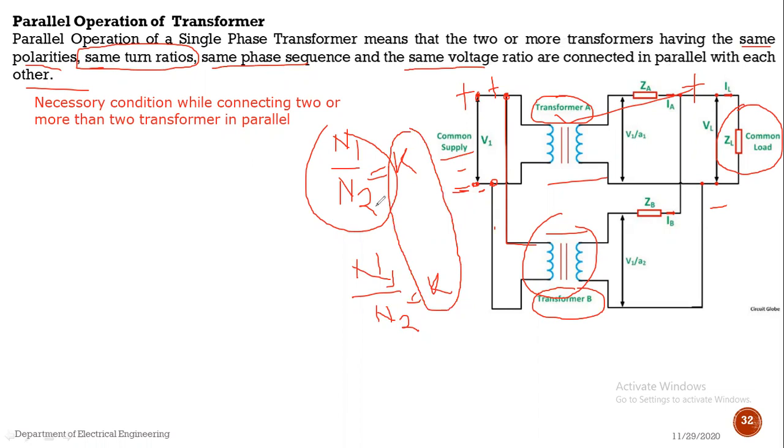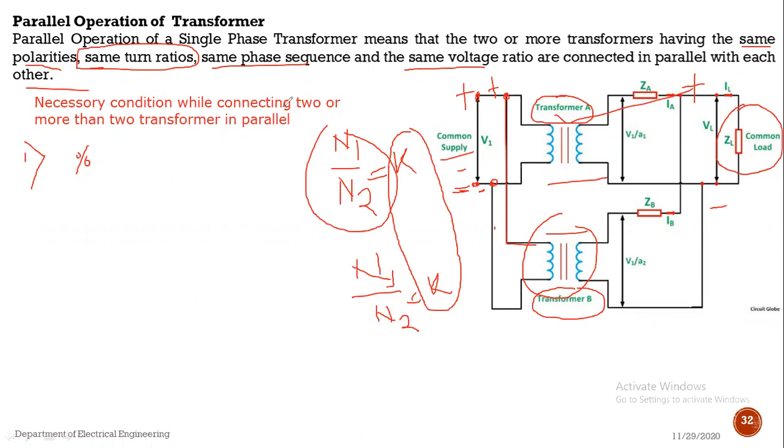Again, one of the necessary and sufficient conditions is that the percentage per unit impedance of both transformers remains the same.